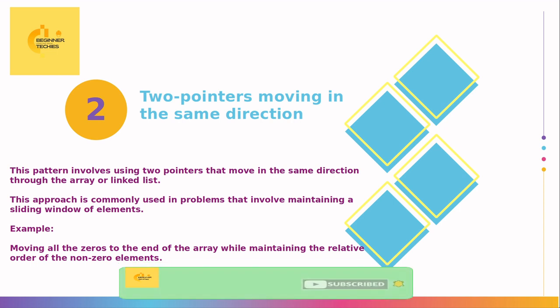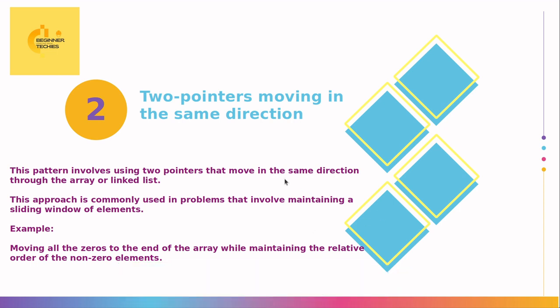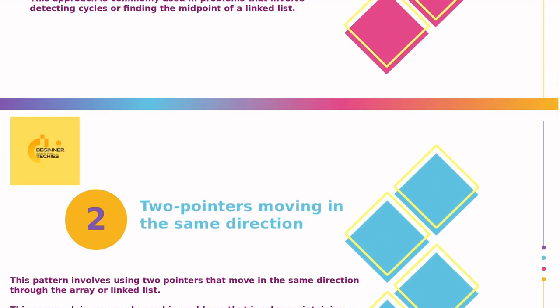This pattern involves using two pointers that move in the same direction through the array or linked list. It is commonly used in problems that involve maintaining a sliding window of elements. We have already solved a few problems and I will share the link in the description box, so I don't need to discuss it again. Let's move ahead with another one.